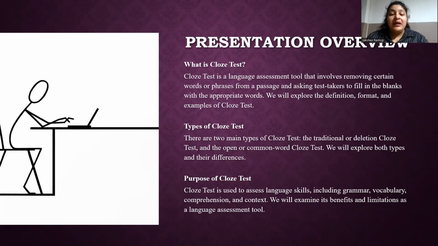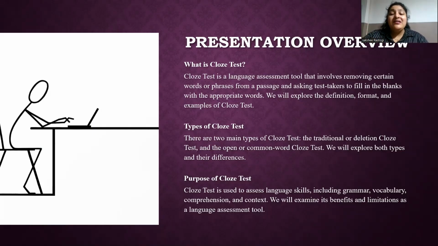A cloze test can be multiple choice cloze, where options are provided for each blank. It could be open-ended cloze, meaning no options are provided and the test takers must come up with their own answer. Fixed cloze means the same word or phrase is removed from every blank.